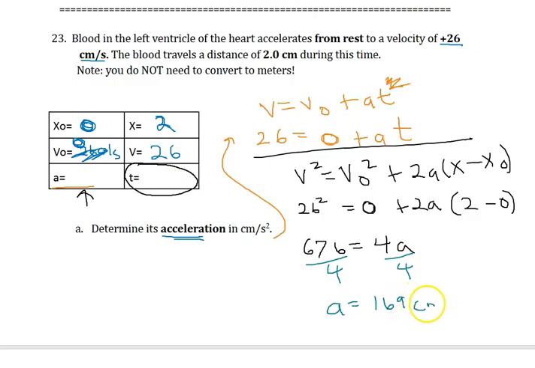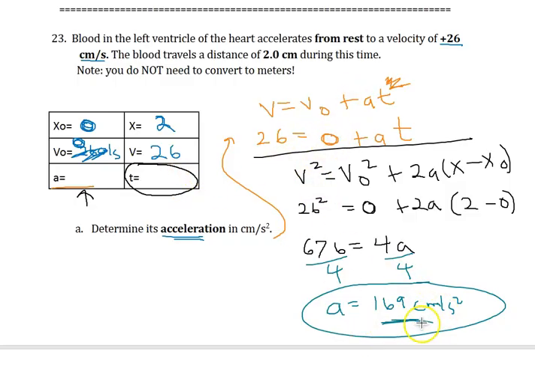They're just trying to impress, I mean, real numbers, I'm assuming. So your heart is pumping, it's making the blood go from 0 to 26 centimeters per second with this acceleration, which is 169 centimeters per second squared, but that's pretty impressive for something so small, right?